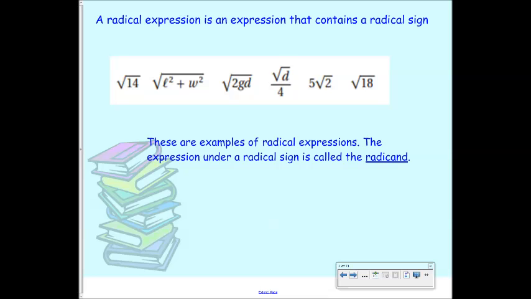You cannot take the square root of a negative. Therefore, anything underneath the radical needs to be greater than or equal to 0. So that's why when you do the domain, you set up the inequality. In this case, it would be 2x is greater than or equal to 0.